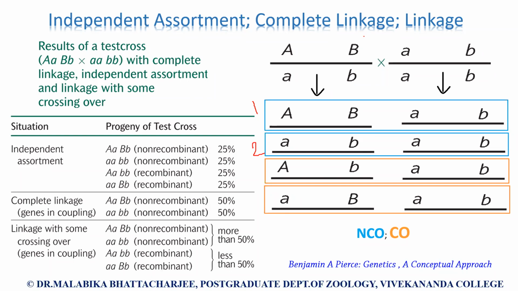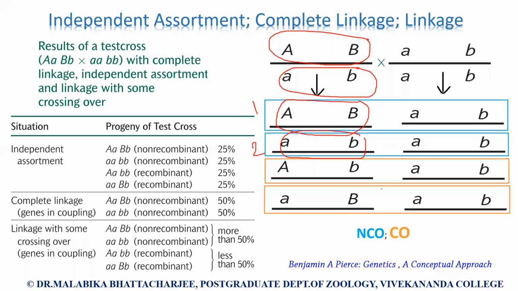Because if you see one gamete from the heterozygous parent, we are seeing the same combination here. In the other case, this is the heterozygous parent, so this is the combination of the 2 alleles. You see it is the same orientation. So these 2 are non-recombinant gametes or non-crossovers. That is why I have given a blue rectangle around the 2 non-crossover individuals.